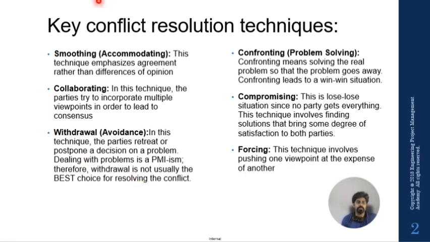Smoothing and collaborating are for very critical problems, where you must address the problem, so you go for these two ways. And this one is for non-critical areas where you don't want to invest your time or effort. The next one is confronting a problem, or problem solving, where you jump into the team, hold a workshop or debate, and put in multiple perspectives.